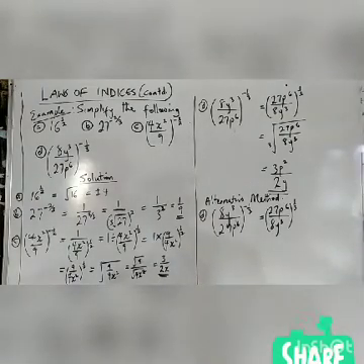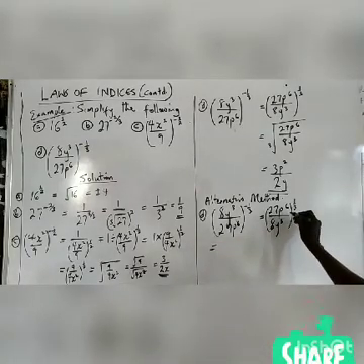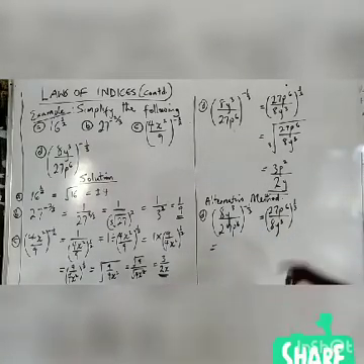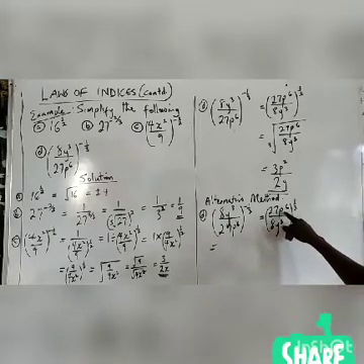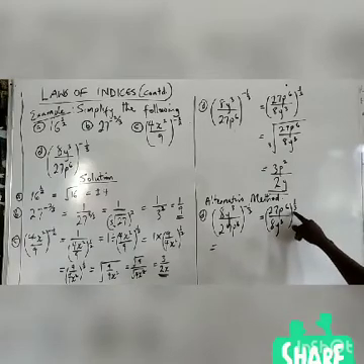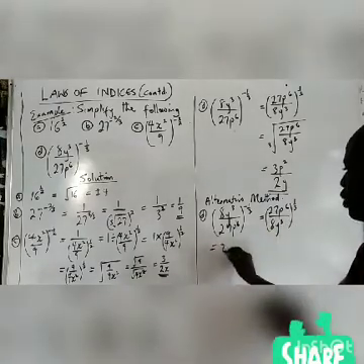So here now, because it's cube roots that we want to take, what you do here is to raise everything inside the bracket to power 3. So here, 27 is 3 raised to power 3.